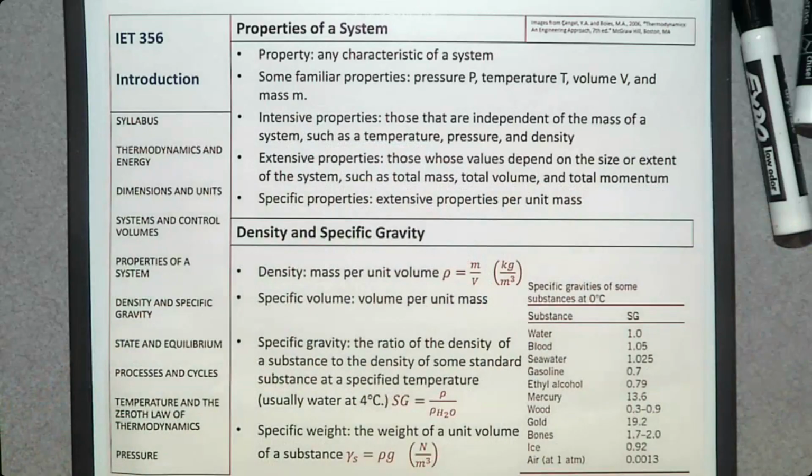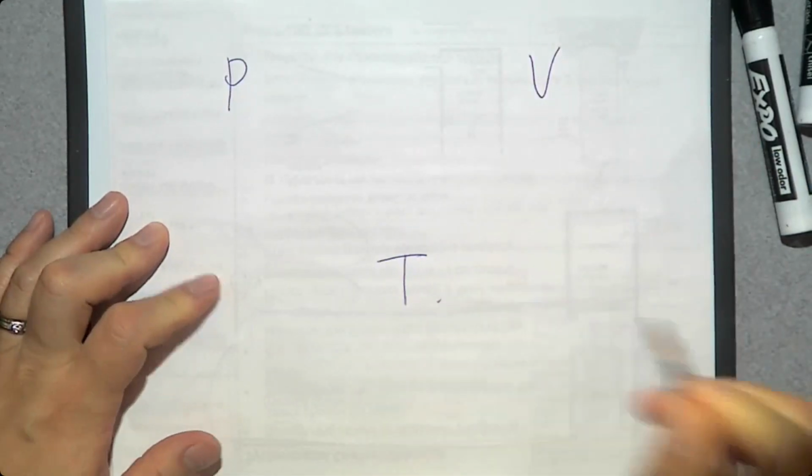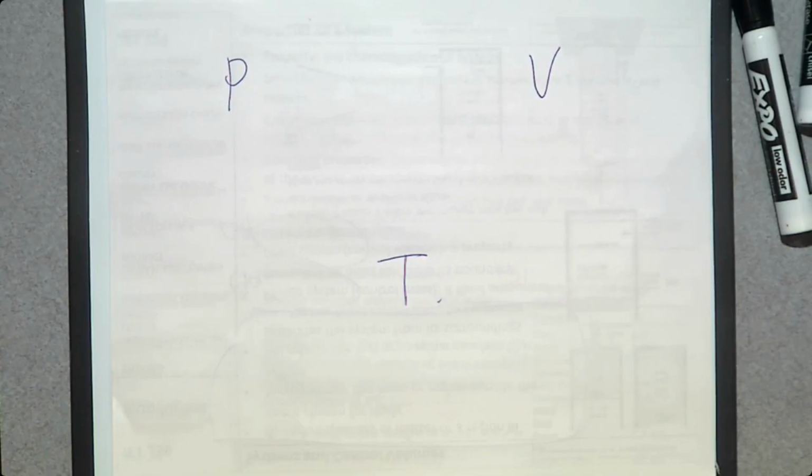They are pressure, volume, and temperature. So let's talk about that. There are pressure, volume, and temperature. They are all dependent on the others. So let me ask a question.